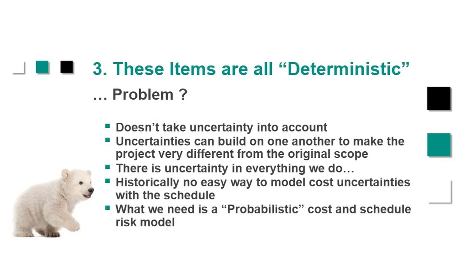Now, historically, the other issue that comes up is we build a cost model. So we build our cost uncertainties and we build our schedule uncertainties and risks. And at the end of the day, we have these two models that don't interact with each other. Well, as I said before, we know that cost and schedule are intrinsically linked.